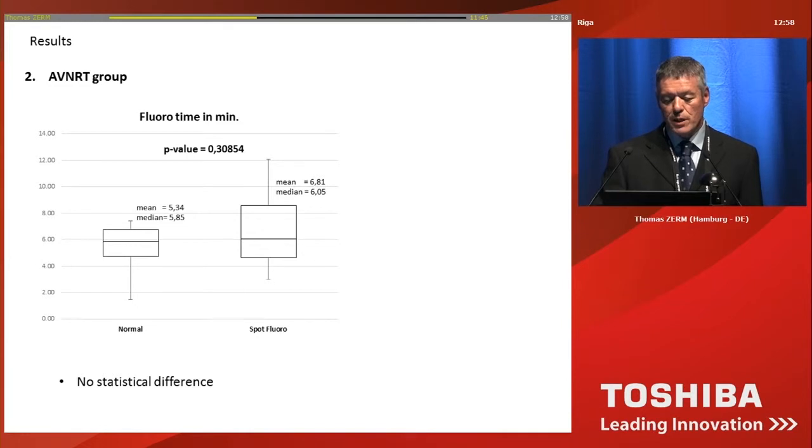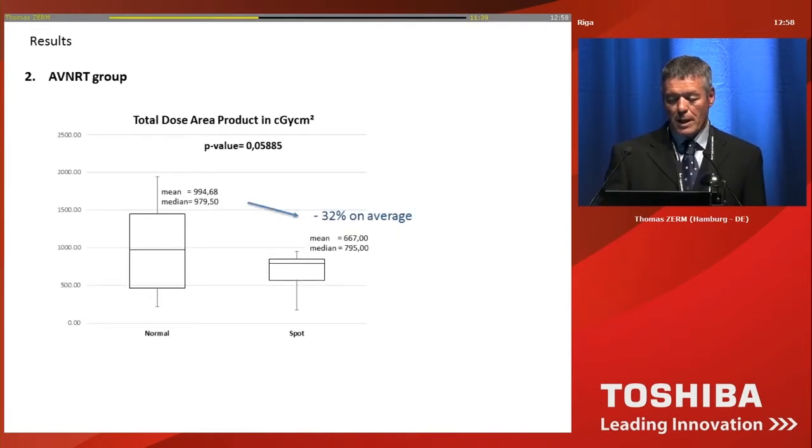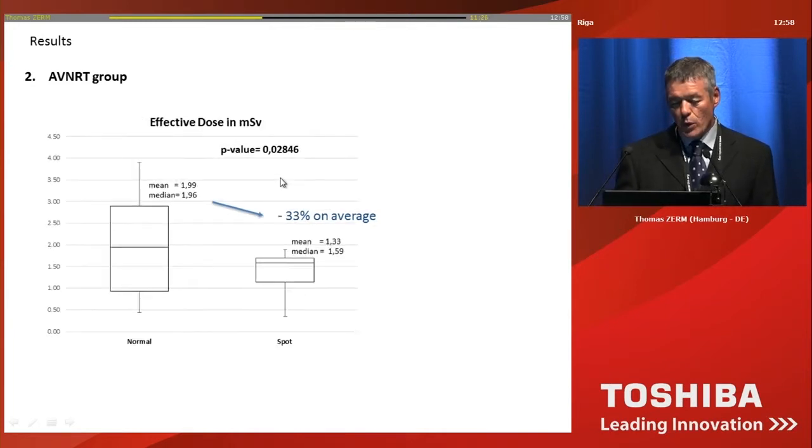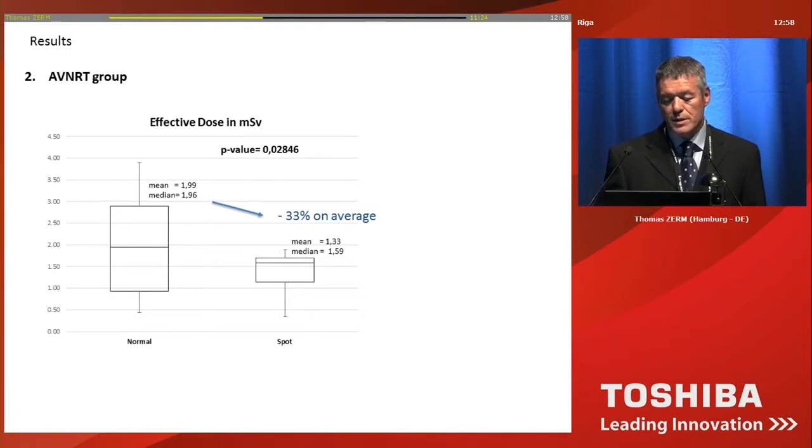There is no substantial difference in fluoro time in minutes in the AVNRT group, but even if not statistically significantly different, there's a trend towards a decrease of total dose area product, which is even more significant in the effective dose in millisievert.